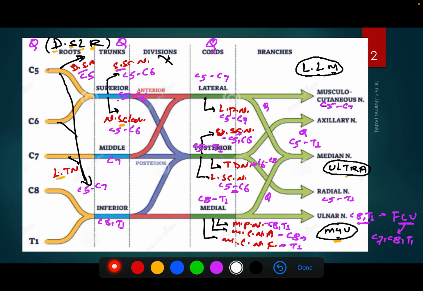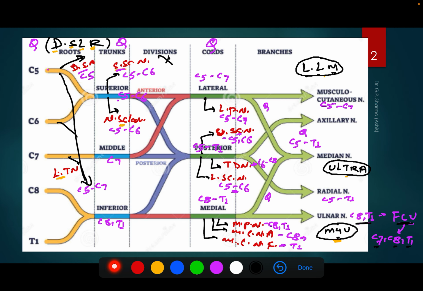The root value for the ulnar nerve is C8 to T1, but the branch of the ulnar nerve which is supplying the FCU, flexor carpi ulnaris, also contains the root value C7. That's why it becomes C7, C8, T1. So you may find somewhere they will write the ulnar nerve root value C7, C8, T1, but that's not true. Only the nerve which is going to flexor carpi ulnaris contains the root value C7, right?